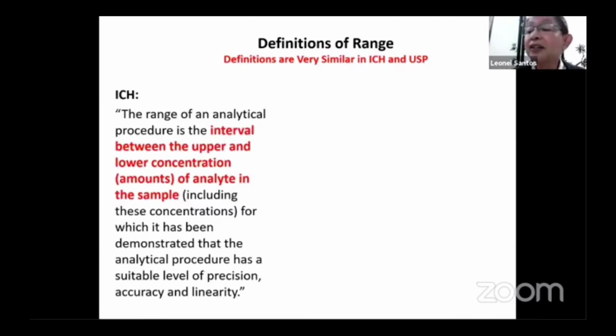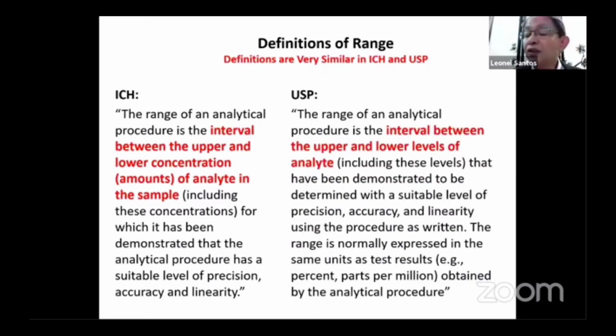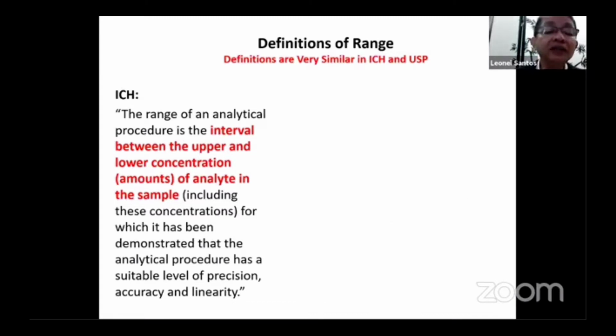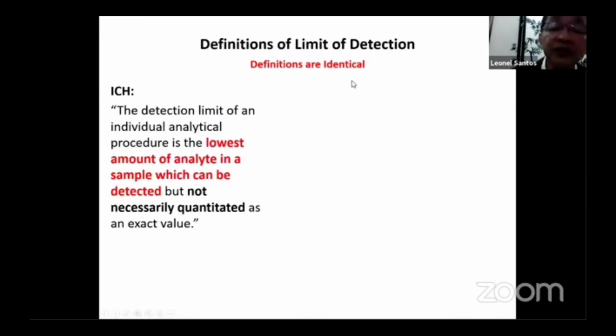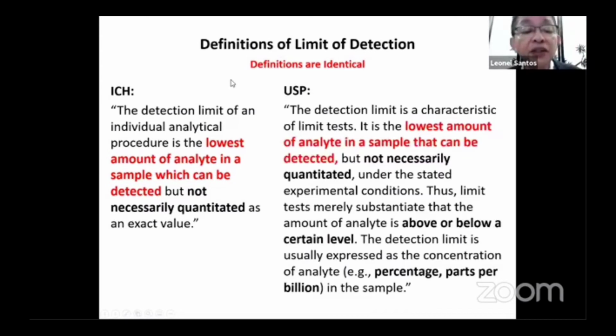Definition of linear range. If you have completed the linearity, you would want to know the interval between the upper and lower concentration, and this is termed the range. In terms of limit of detection, there is a consistent definition between ICH and USP, which is the lowest amount of analyte in a sample which can be detected.